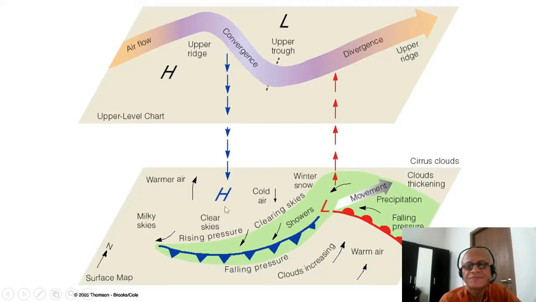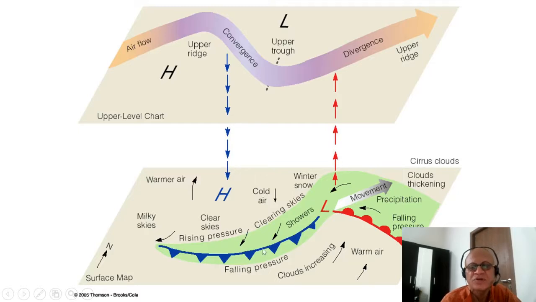And there's high pressure here and low pressure on this side. So there is winter snow, clearing skies, rising pressure, and showers on this side, and the movement of the front is towards this. So there is low pressure, rising air into the diverging upper ridge over here. So you can see that there is falling pressure, precipitation on this side, and clouds thickening with cirrus clouds at the northern end of the system.